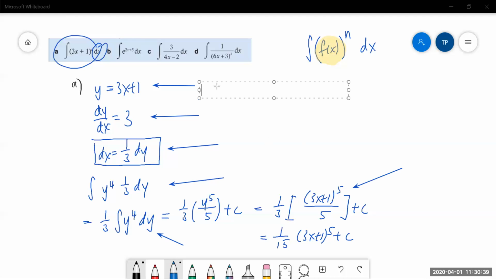Okay, I get it. So this will be identifying your y. Then this will be differentiation. I'm typing it out here because after that, if you want to review, you can go to YouTube and review it. Over here, we'll be making dx the subject.